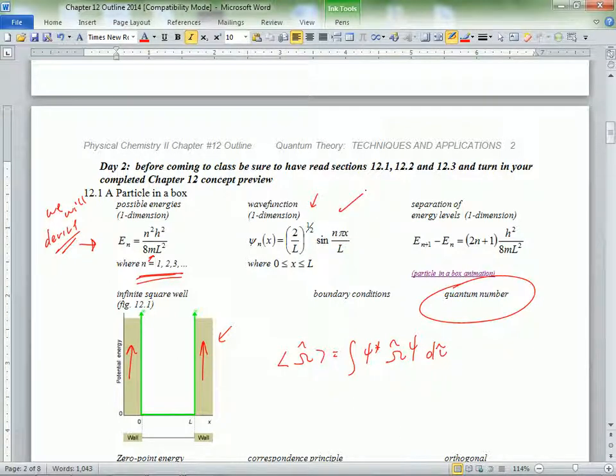Separation of energy levels. n can only be 1, 2, 3, 4, 5, 6. If we want to know the energy difference between n equals 3 and n equals 4 for this particle in a box, what would you use for n in this expression?